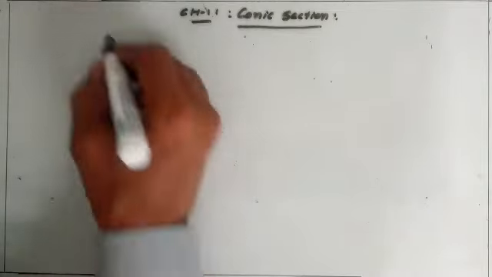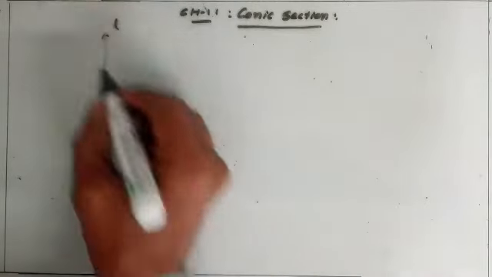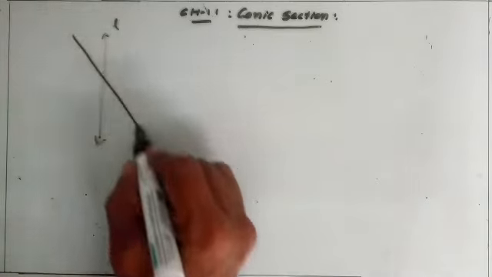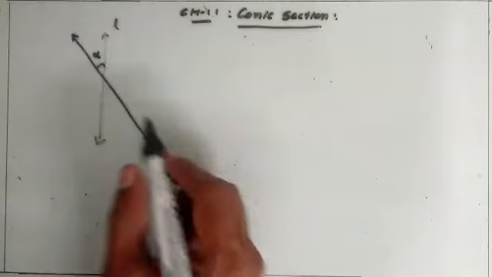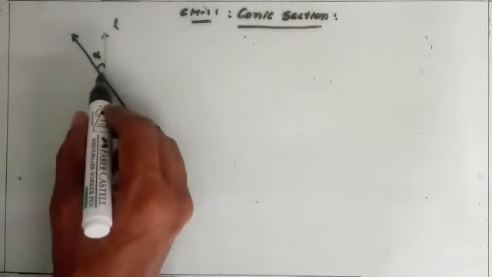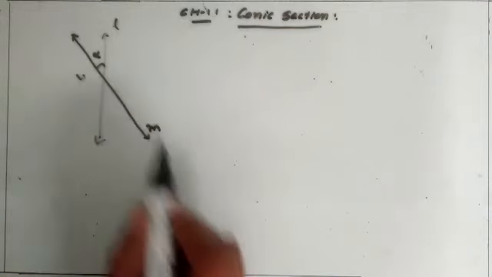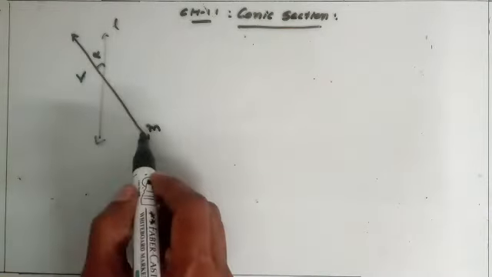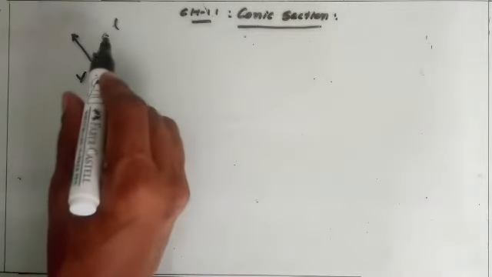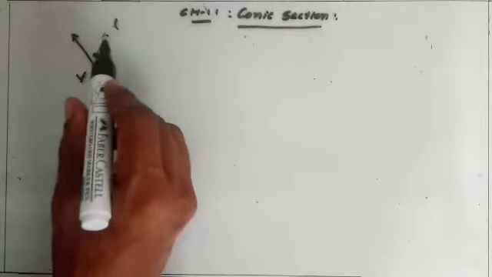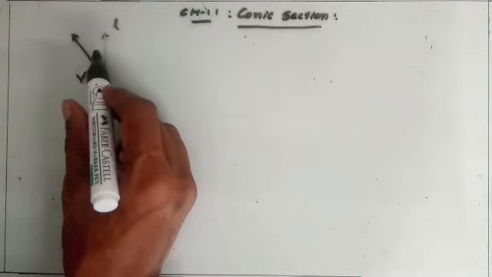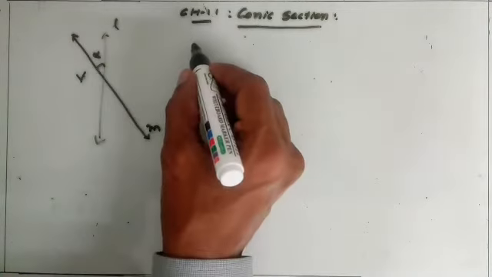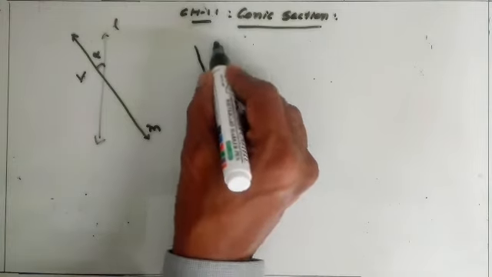Remember this: if we take a fixed line L and a line M which makes an angle alpha with fixed line L. This line M intersects given line L at V, and if we rotate this line M around line L in such a way that angle alpha remains constant, then we get this type of double cone.